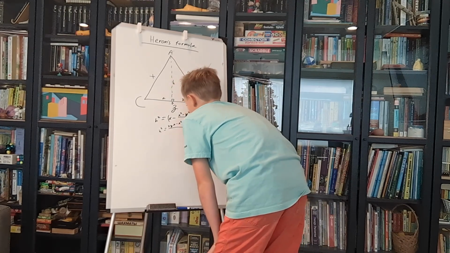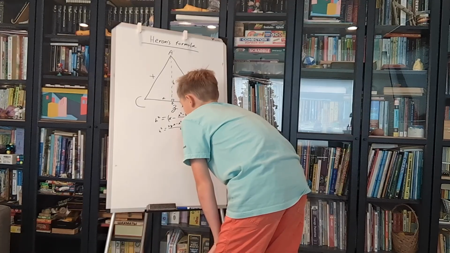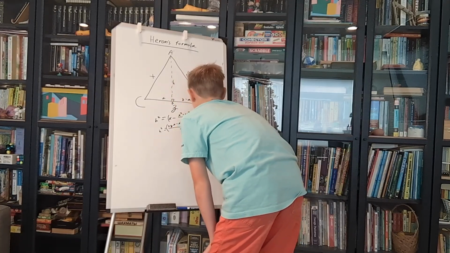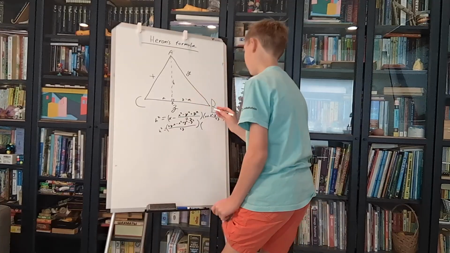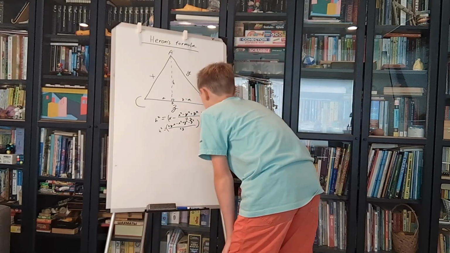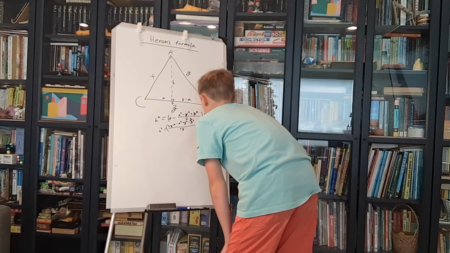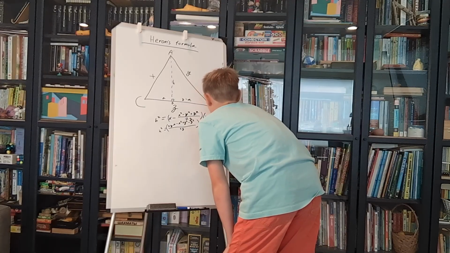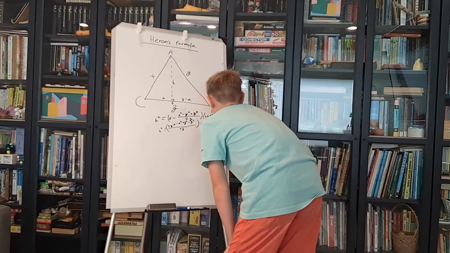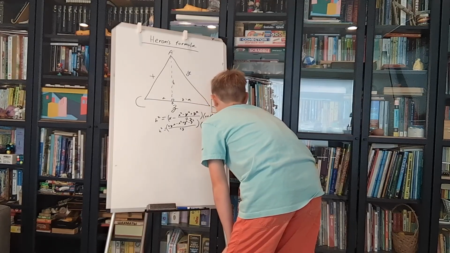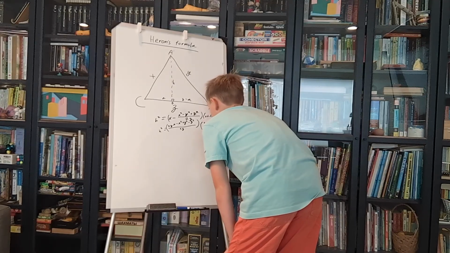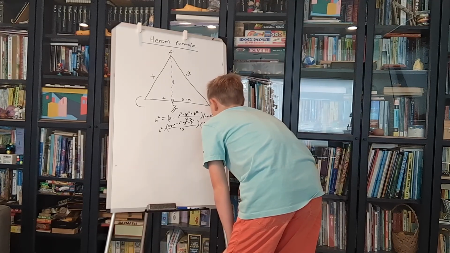So it's all over 2Z. All this times 2ZX plus X squared plus Z squared minus Y squared. All of this over 2Z.